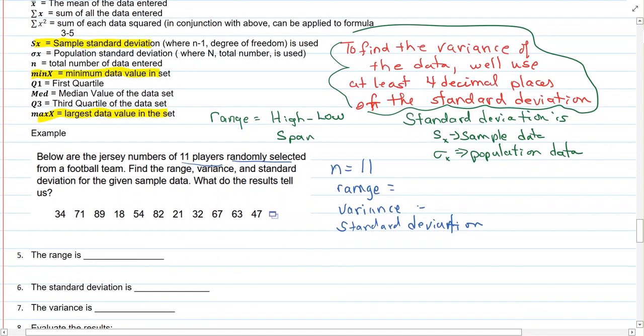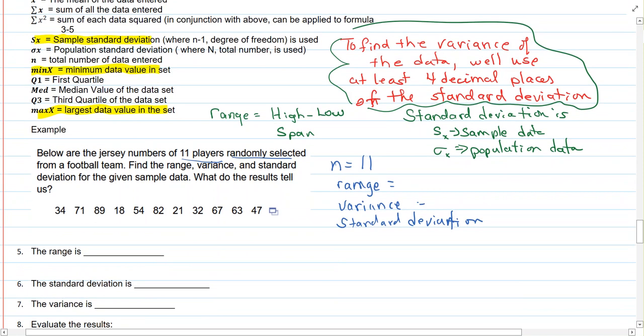All right. So to do that, we're going to take some steps. We're going to enter the data. Here we go.